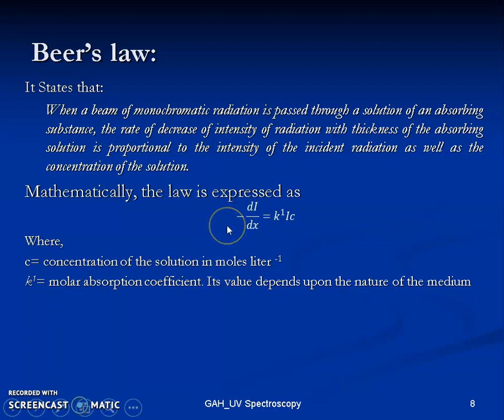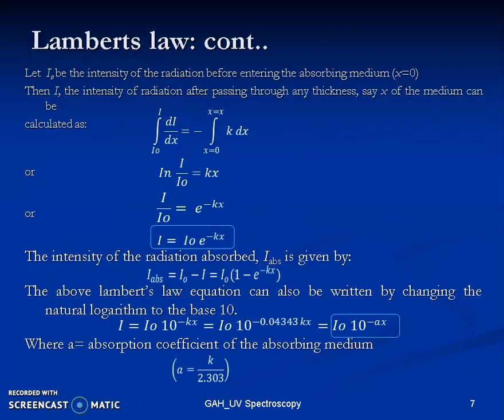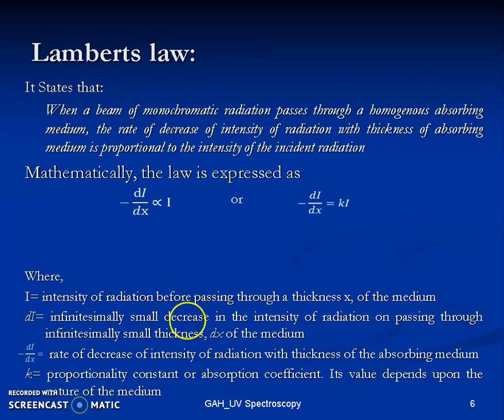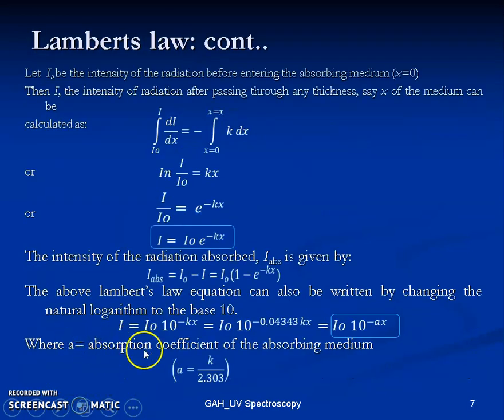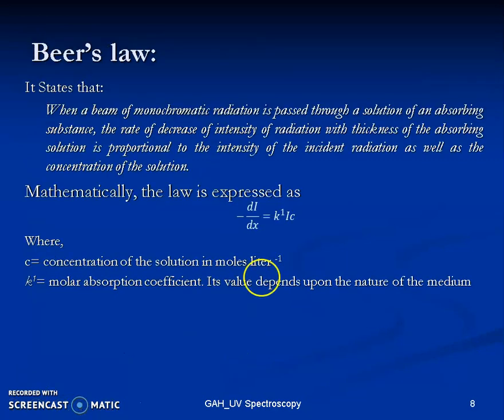Previously it was the absorption coefficient, K. But instead we have now taken the concentration in moles per dm cube, so it becomes the molar absorption coefficient, and it is very specific for the nature of the medium.